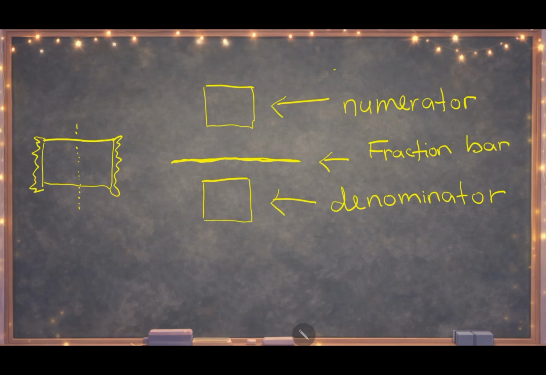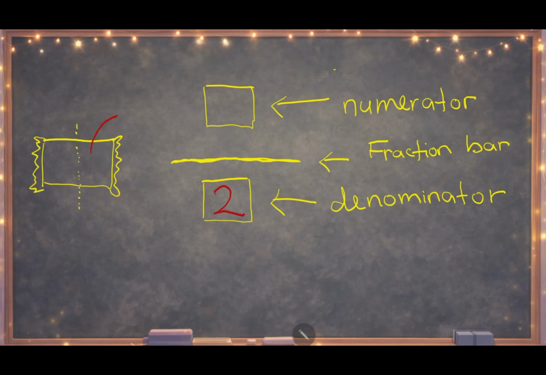So we have divided one chocolate bar into two equal pieces. The denominator is going to be 2 here because it tells us how many equal parts something has been divided into.